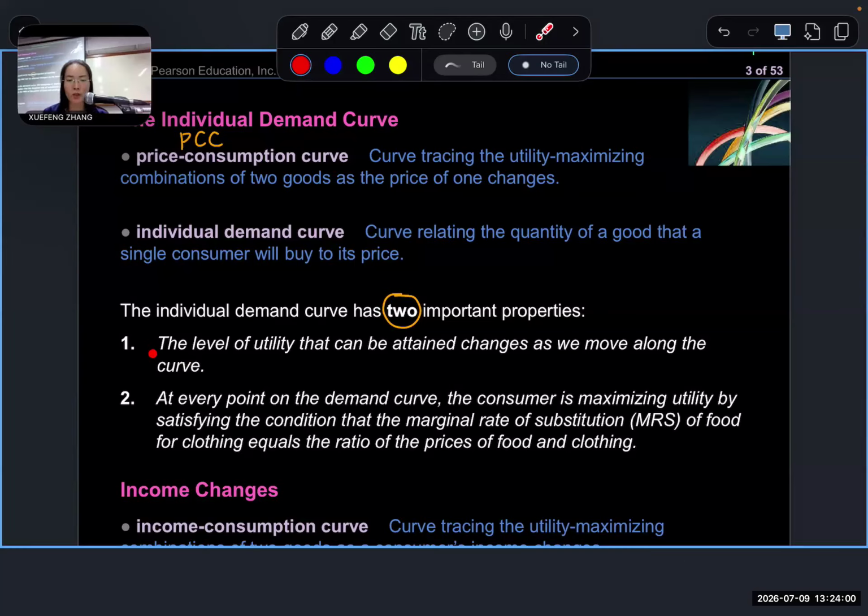The first property means that different points equal different happiness levels.